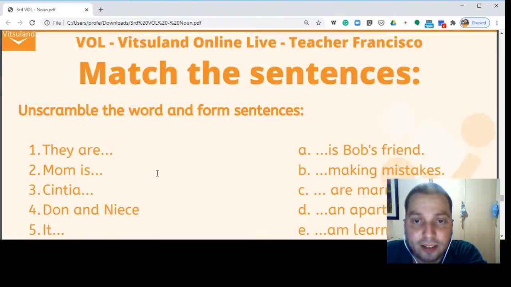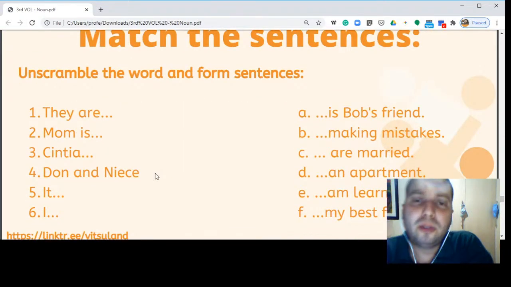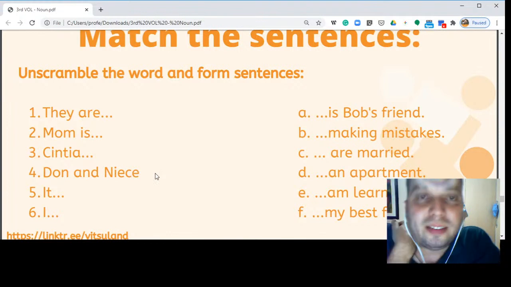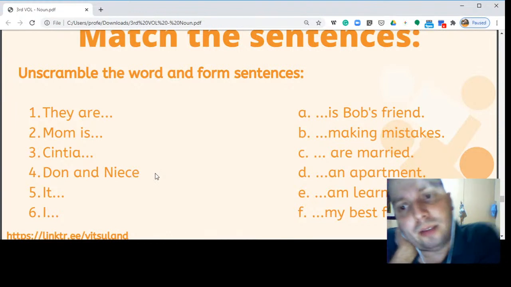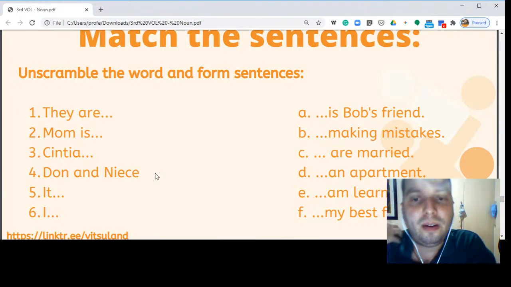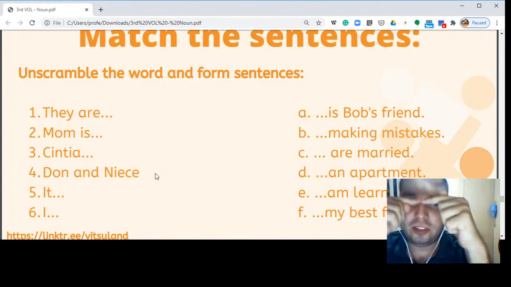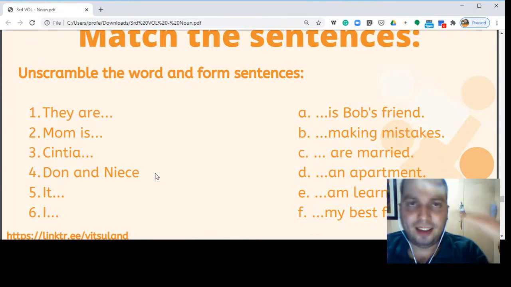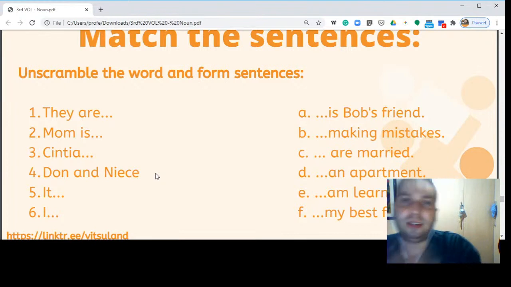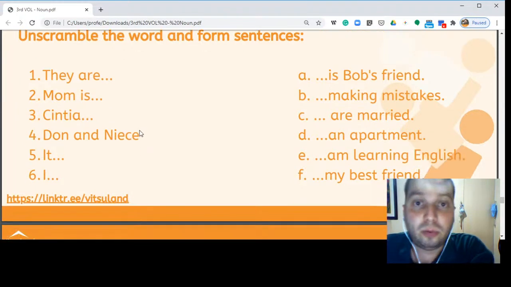So match the sentences. I also like this one because some tests, some exams, they apply this, and you have to match. So try to understand the syntax and the way the sentences are formed, it's really important.